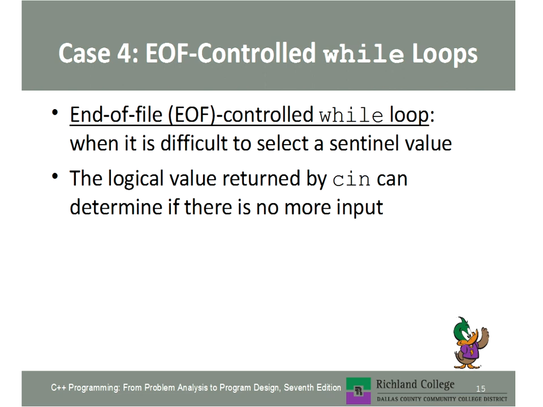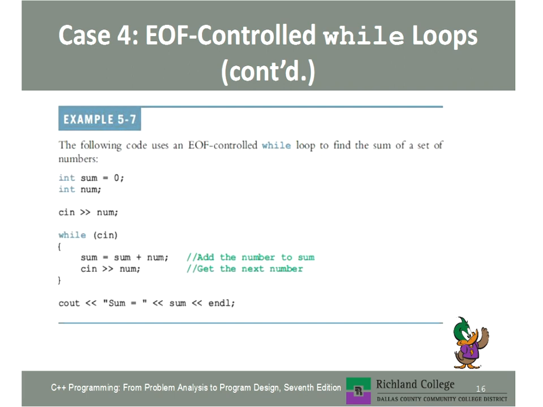Okay, so end-of-file controlled while loops are used in file operations. Or you can also do it with the input stream. Either input stream or input file stream, it doesn't really matter, right?